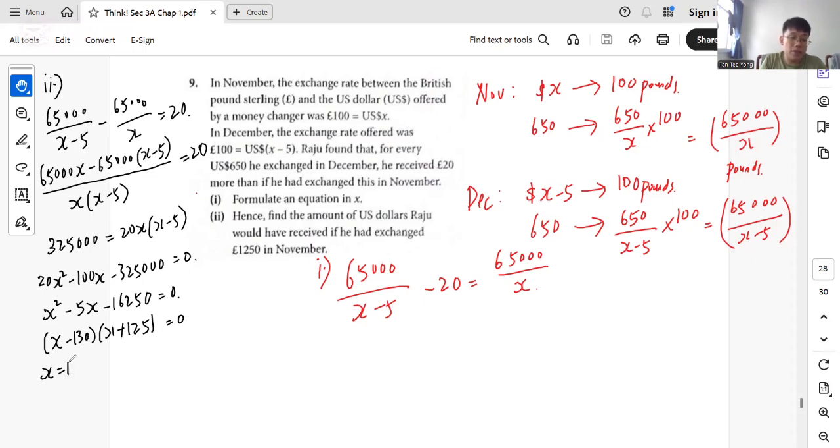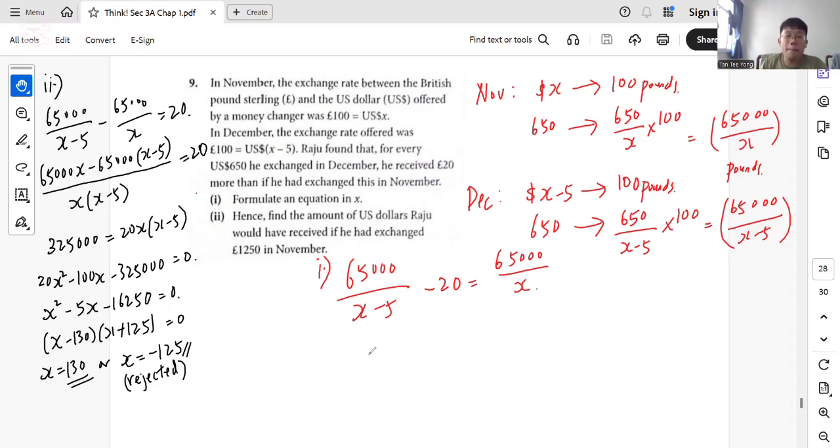So x equals 130 or x equals negative 125. This is rejected, because you cannot exchange a negative amount of USD. So it's 130.